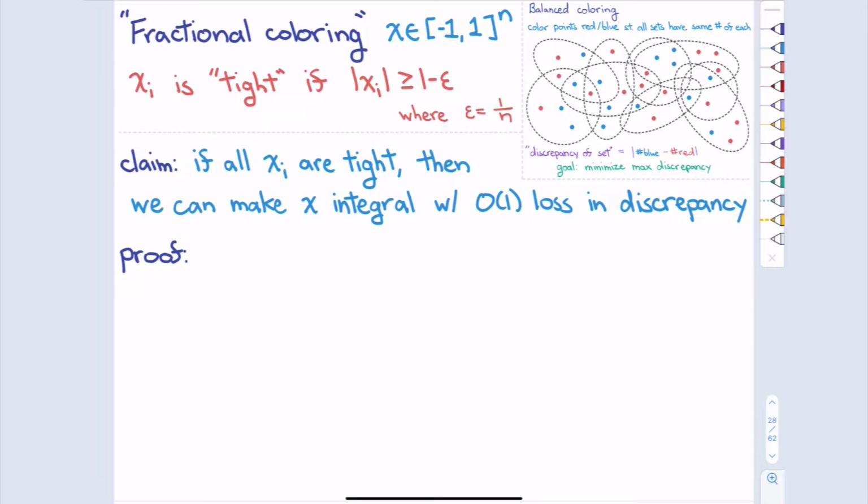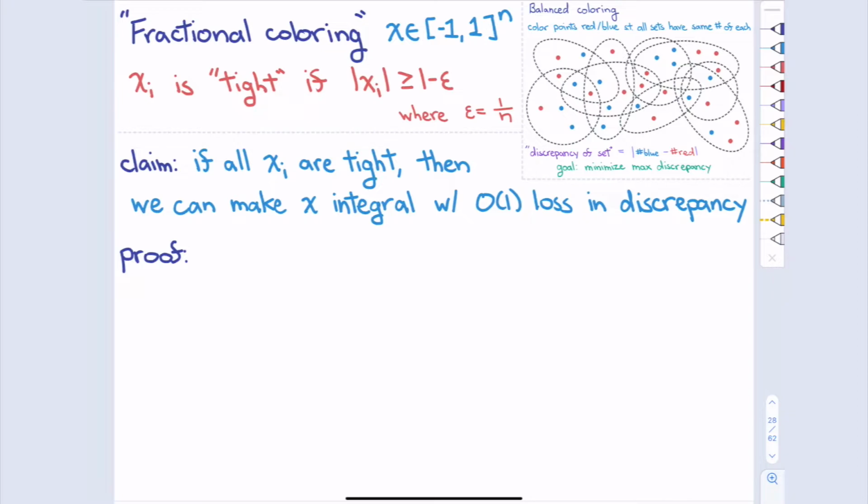So suppose I gave you a vector x where all the coordinates are tight. What would you do? What's the most natural thing? You can randomly round, but actually that's not the most natural thing. That's more natural because you've been here for a while. But if you hadn't taken this class, you would have done something even simpler.